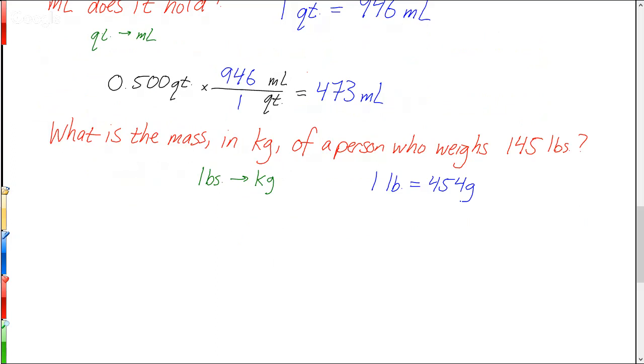Is there a way we can use that? How? Yeah, we know that we can convert between grams and kilograms. So we can change our path a little bit. Instead of going from pounds to kilograms, we can get kilograms from grams, and so we can use that pounds and grams equality. Rather than taking the direct route, we have to take an extra step. So we have to go pounds to grams to kilograms.